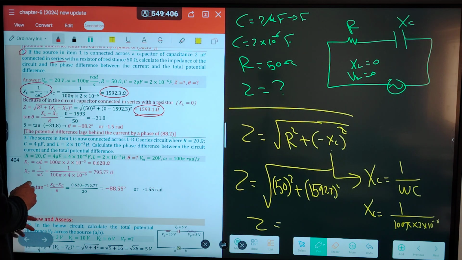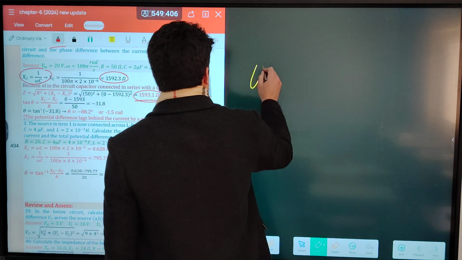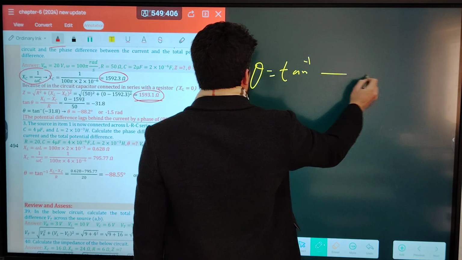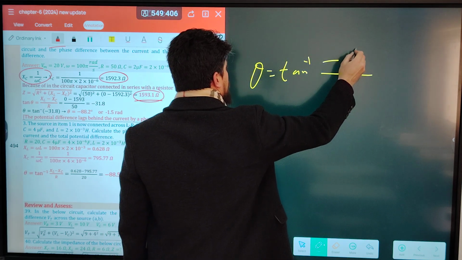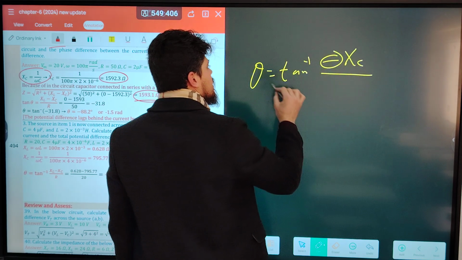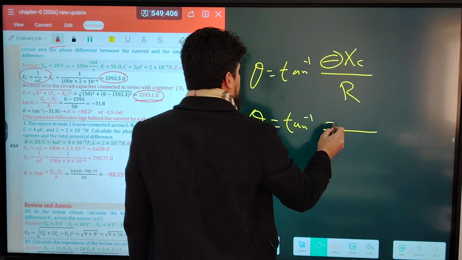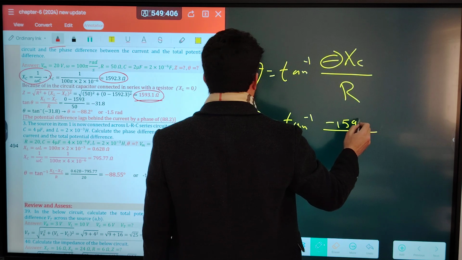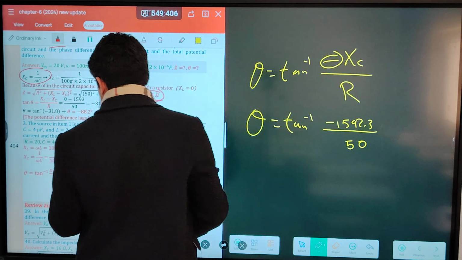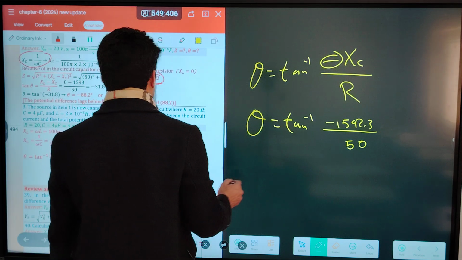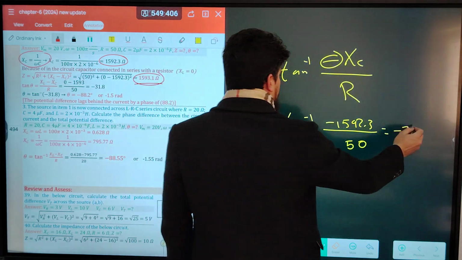1593.2. Okay? The phase angle between potential difference and the current: tan inverse of XL minus XC, but we don't have XL. What remains? Negative XC. Don't forget this negative, over R. Tan inverse of negative 1592.3 divided by 50, which is equal to negative 31.8.